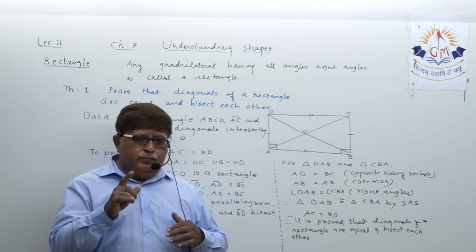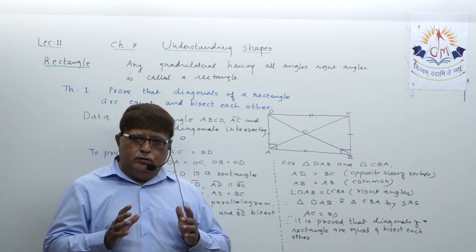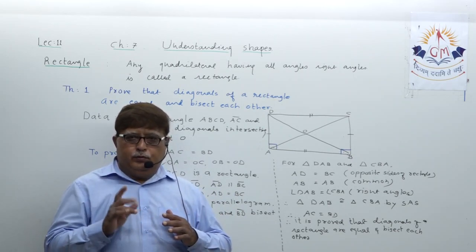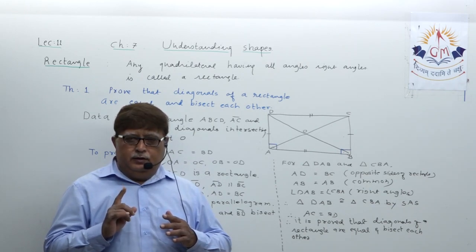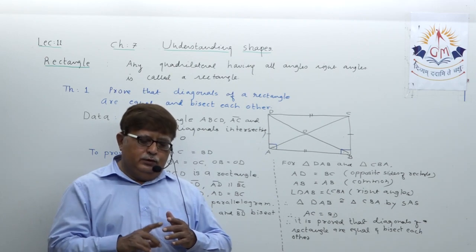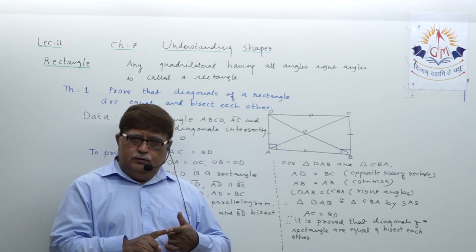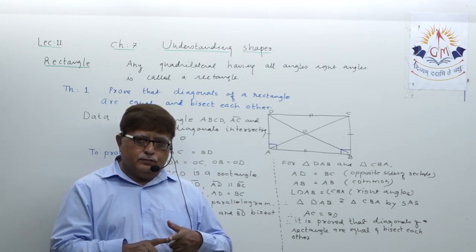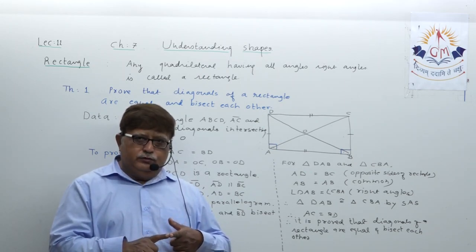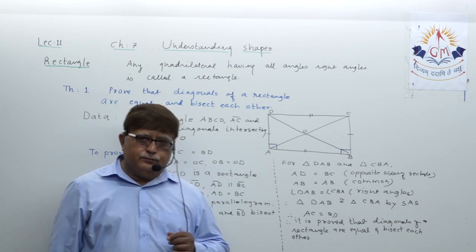To just sum up, please note down in your book all 5 properties of a rectangle. I am summarizing for you. You note down, I am speaking it out. Understand? First, opposite sides are parallel.